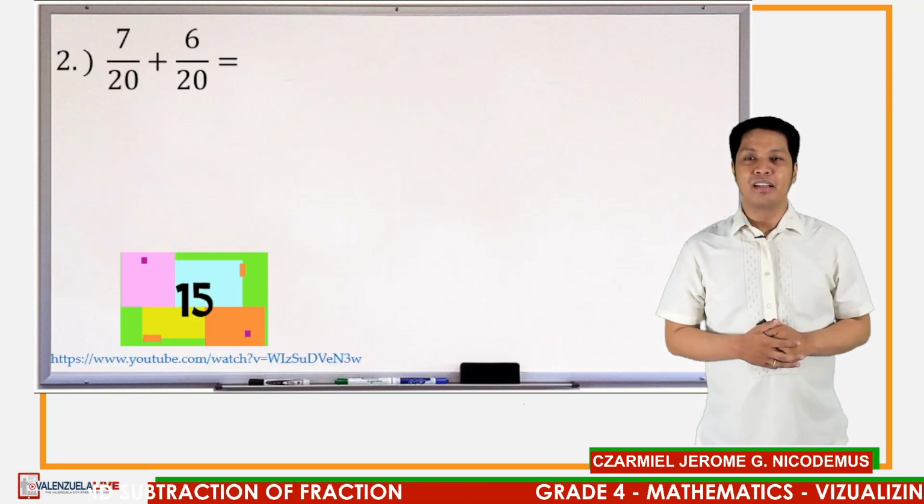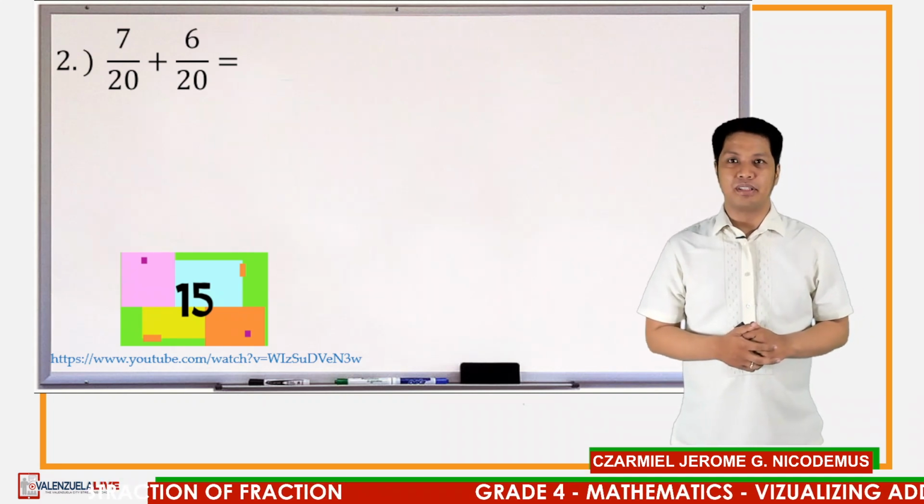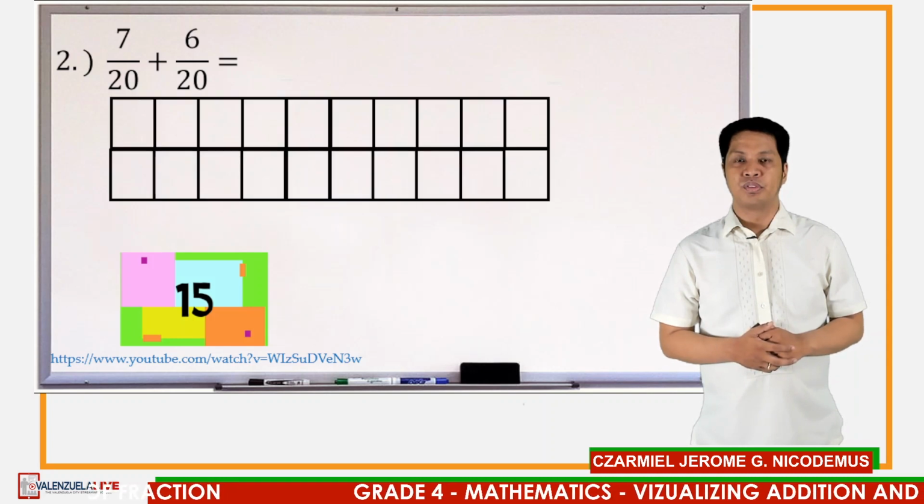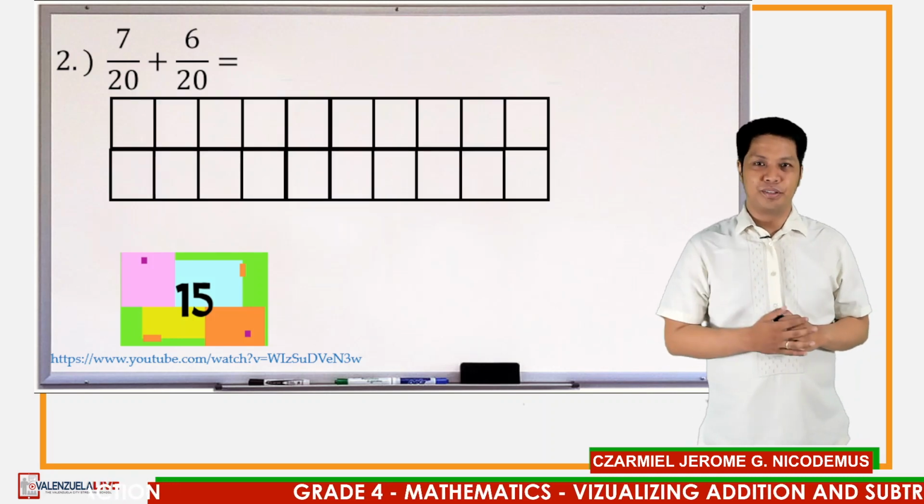Next, 7/20 plus 6/20 is equal to. So use this figure.